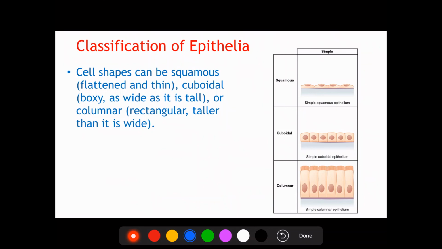And the second way is the shape of the cell. If it's flat, these are called squamous. If it's like a cube, these are cuboidal. And if they are tall, these are columnar. So squamous is flat, cuboidal is like a cube, and columnar are tall.